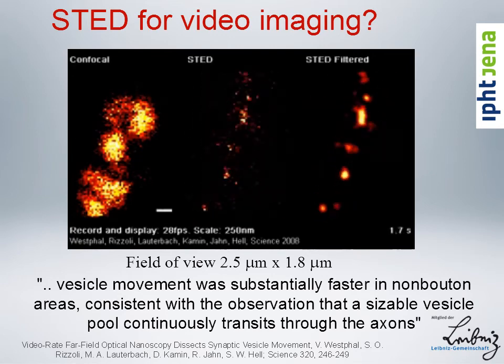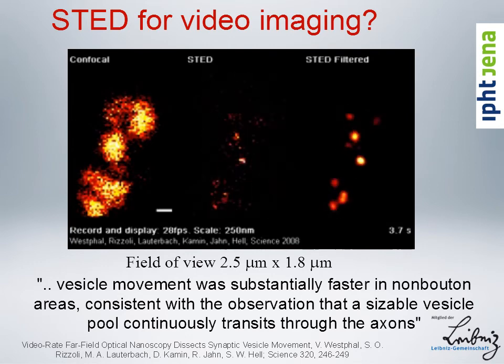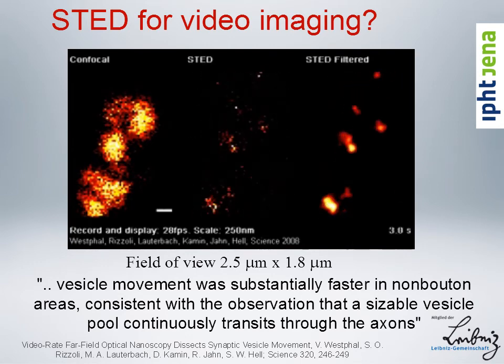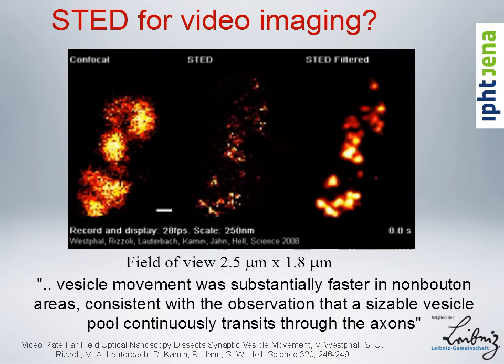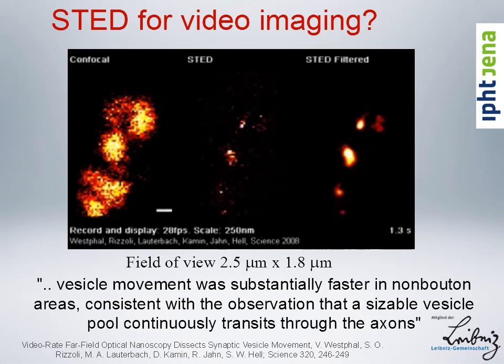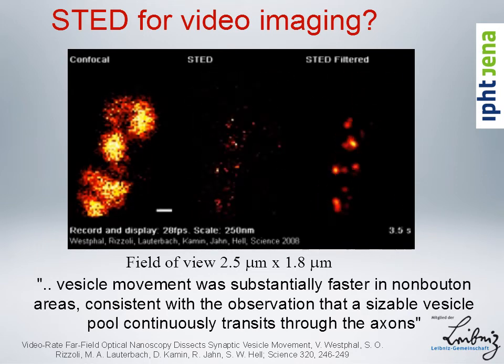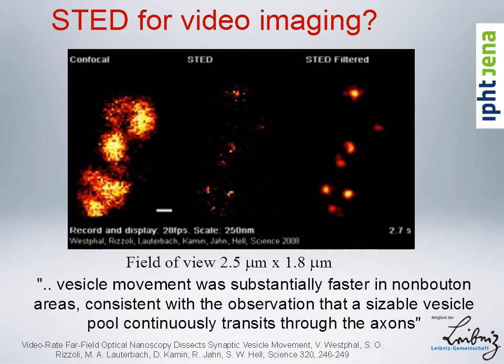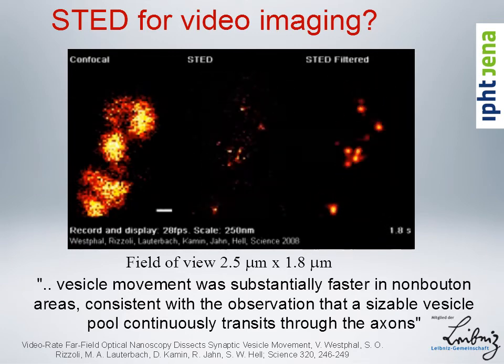But because you're only probing a single point at a time, you cannot be very fast, because you need 1.5 nanoseconds to get out one photon. And let's say a good image, I thought, needs a signal to noise of something like 10. So that means 100 photons you should have for every position in your scan, and then you can calculate how long it takes you, and that makes it inherently slow.